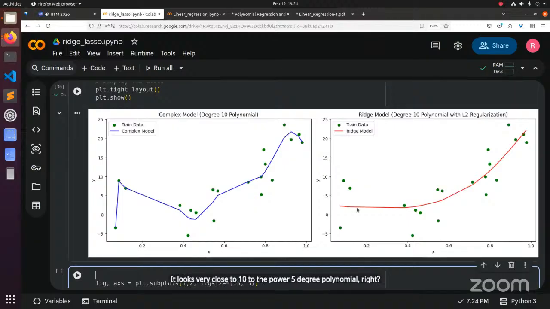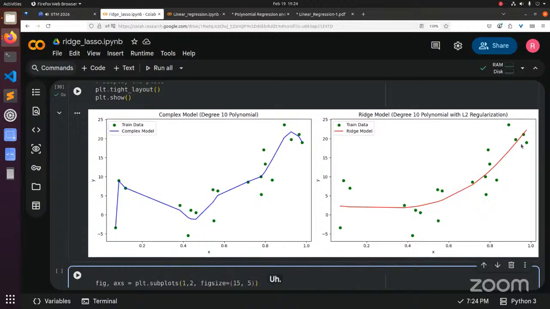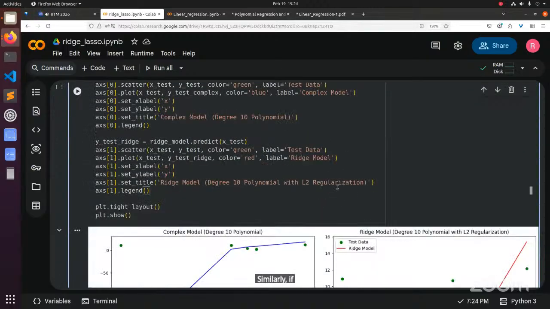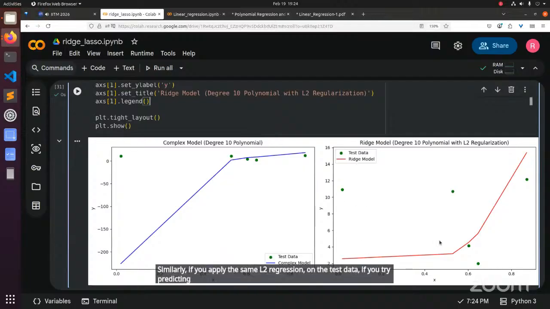Yes, sir. So just by adding ridge regression, you are able to reduce the complexity of the model and it is able to predict properly. Similarly, if you apply the same L2 regression on the test data, the model is able to predict properly. The 10-degree polynomial for 0 predicted minus 300.